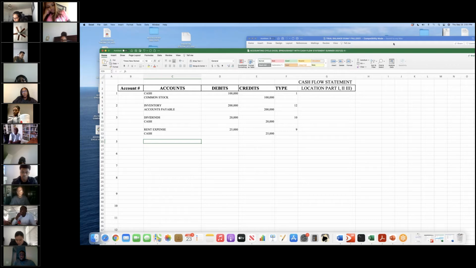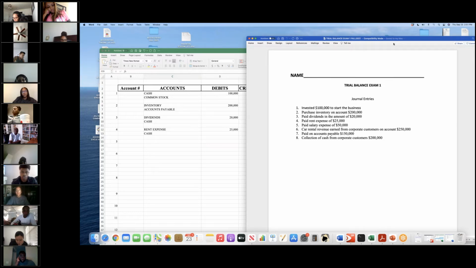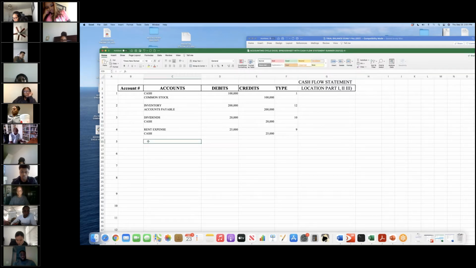And let's just go ahead and do the next journal entry, which is paid salary expense $50,000. So we're going to debit salary expense and credit cash for $50,000.